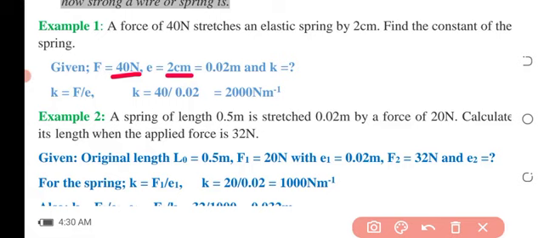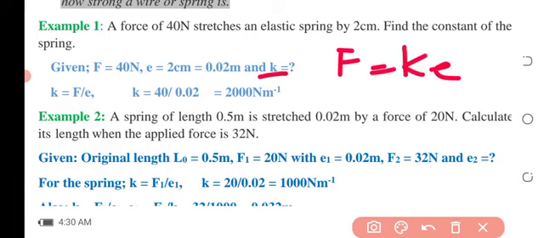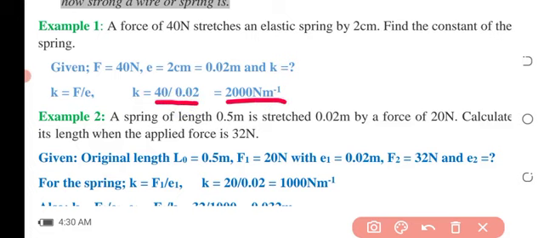We convert 2 centimeters to 0.02 meter, because we are dealing with force, by dividing by 100. We are looking for K from F equals KE. We make K the subject of the formula, and we have 40 divided by 0.02, which gives us 2000 Newton per meter. Newton per meter is the unit of the force constant of a material.